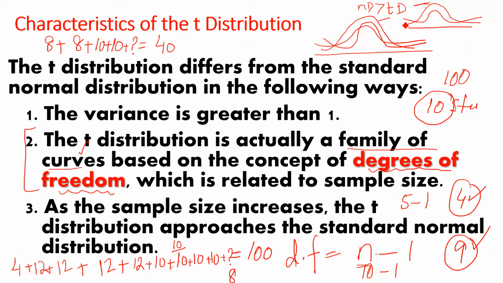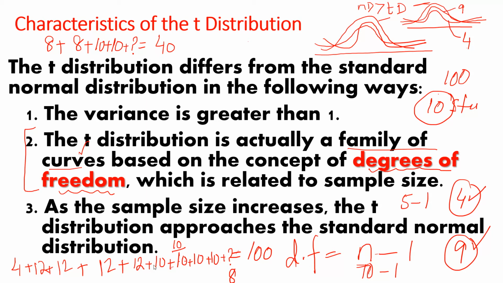So how will we make our graph? It will be on top of, see here, this is the normal distribution. This graph is when our degrees of freedom is 9. This graph is when our degrees of freedom is 4. So as the degrees of freedom increases, our t distribution approaches the normal distribution. So this is the third point I have mentioned here.